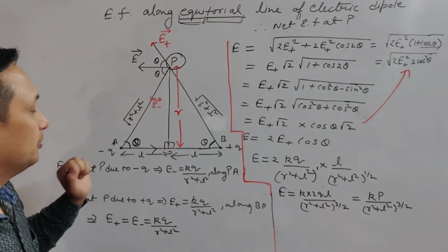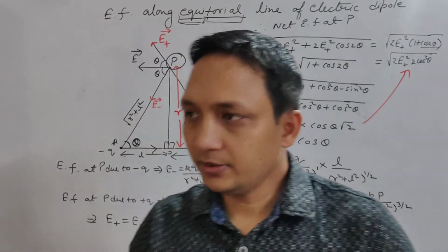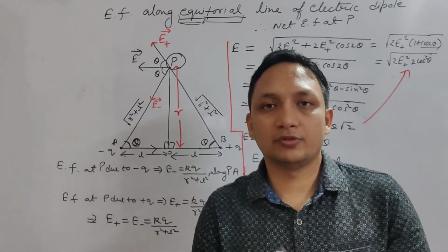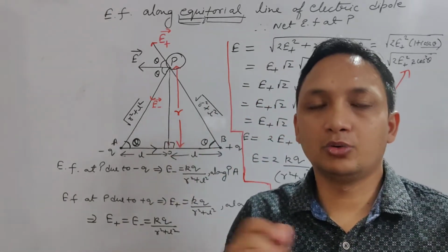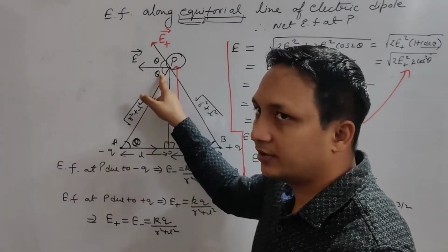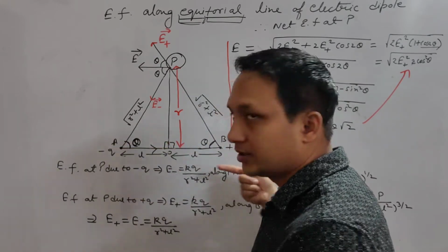If the magnitude is the same, then where is the resultant vector? If magnitudes are the same, the resultant vector is always bisecting the total angle between them. The total angle between them: this is theta, this is theta. What I have done here is drawn a line parallel to this dipole line.